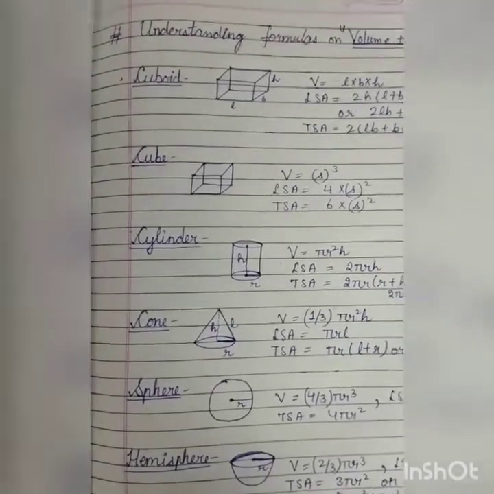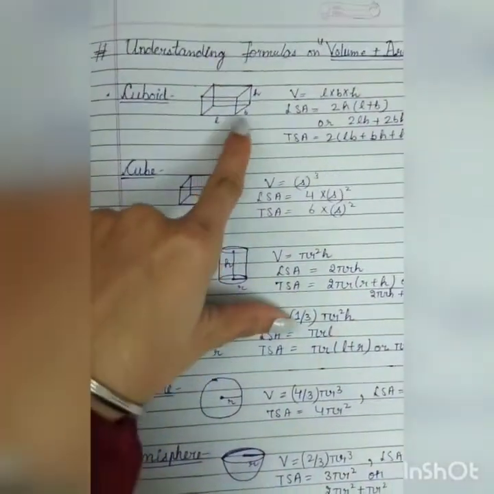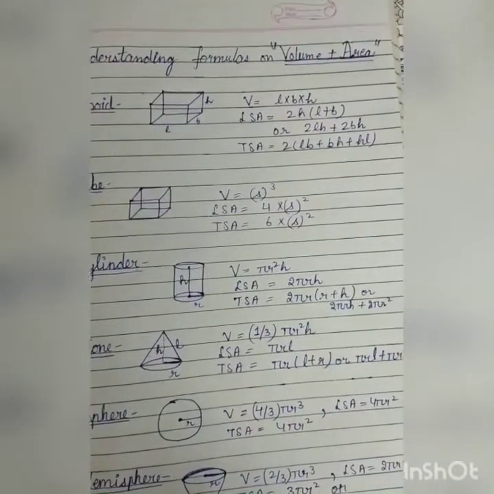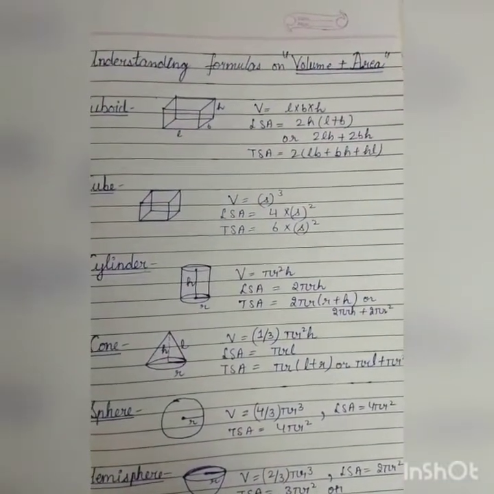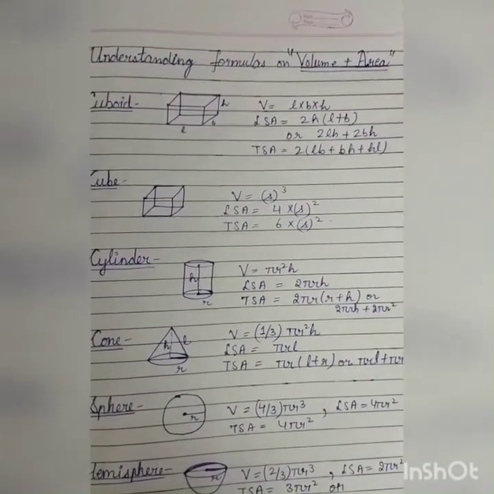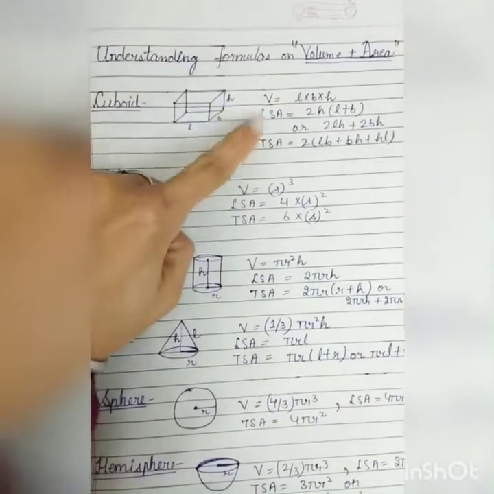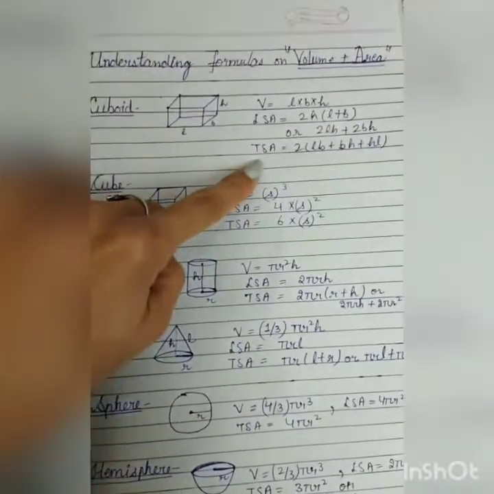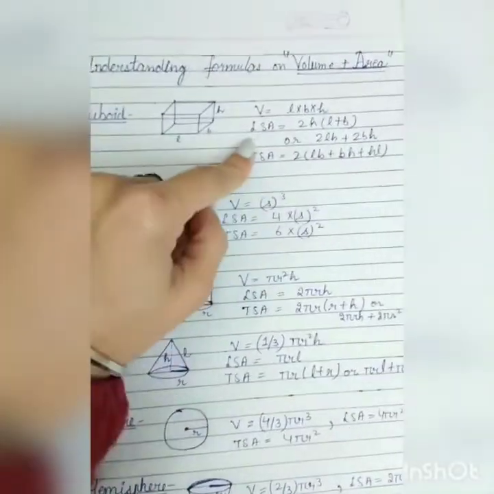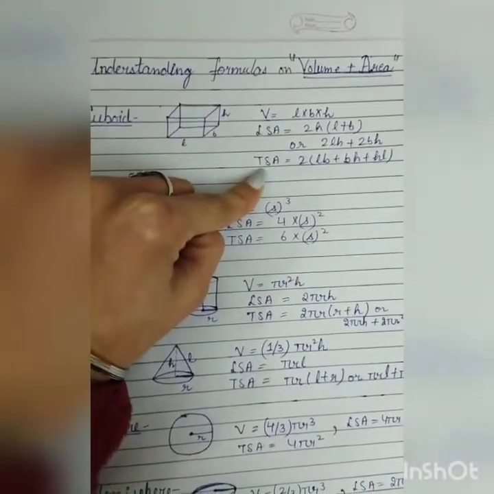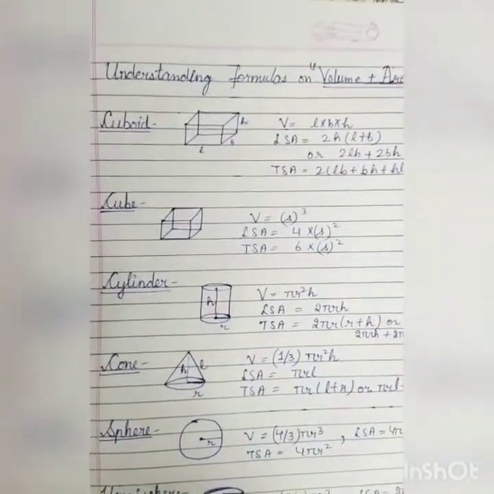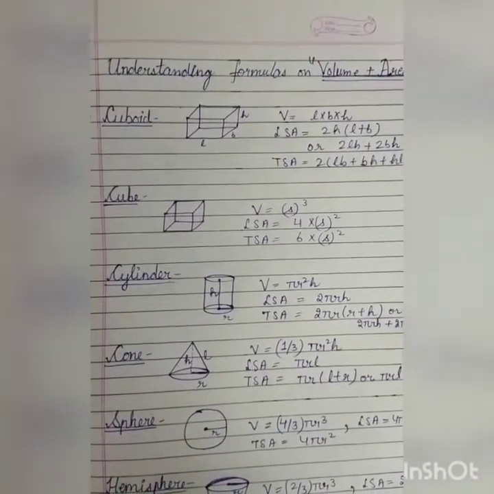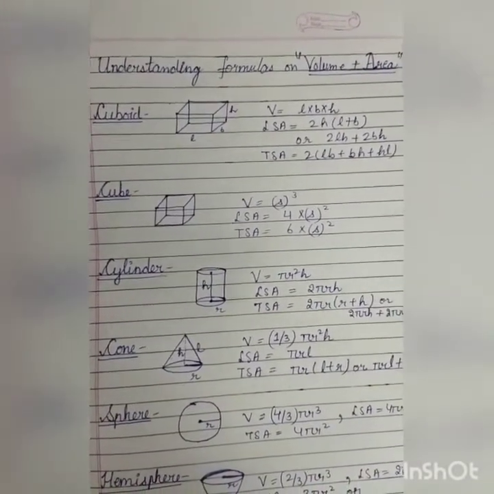So what's a cuboid? It has length, breadth and height, and its volume will be L into B into H, and further the lateral surface area and the total surface area. What is the difference between lateral surface area and total surface area? The surface which you can see from the top or from the front.